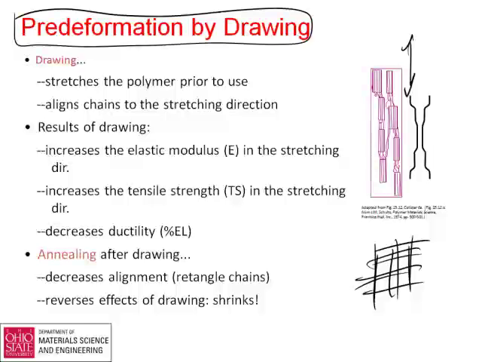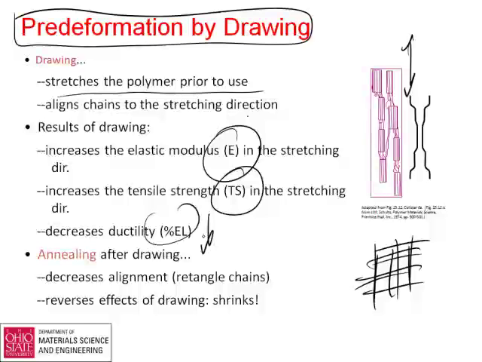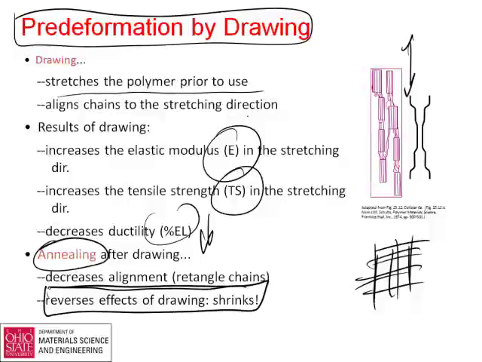So anyway, drawing, and that's sort of the process we did by stretching. It stretches the polymer prior to use. It aligns the chains, increases the elastic modulus, increases its tensile strength. It turns out decreasing the ductility. And then if you take that and anneal the material afterwards, which means heat it up just above its glass transition temperature, start giving those chains a lot of mobility, what you'll see is the alignment being decreased, and you'll see the effects of drawing being reversed, causing that to shrink, giving you what I sometimes call the shrinky dink effect.